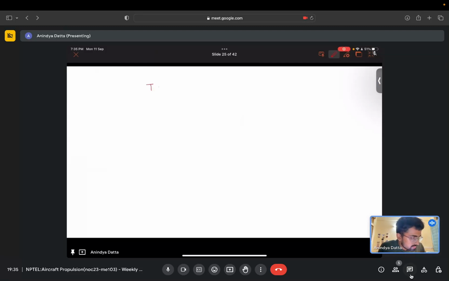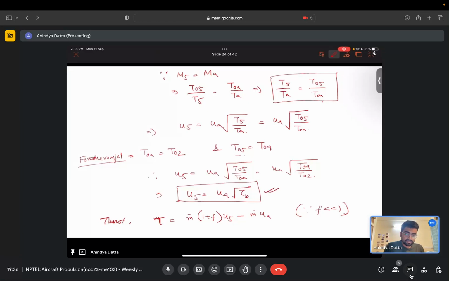Okay, so thrust is equal to m dot A times UE minus m dot A times UA. Okay, so this is m dot A (UE minus UA). So UE is UA times square root of tau b. Okay, so I am using this expression there.